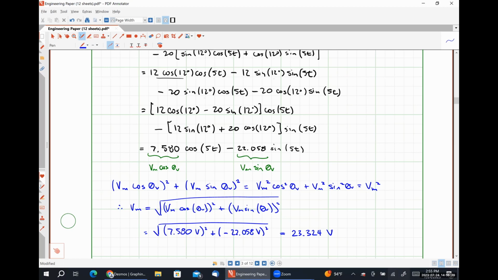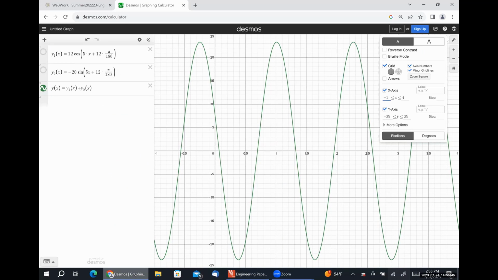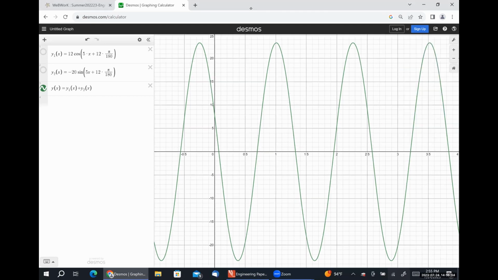So just to look at something really quickly here, let's go back to Desmos. Our peak value of this single sinusoid representation looks to be a little bit more than 23. So we are in good shape thus far.